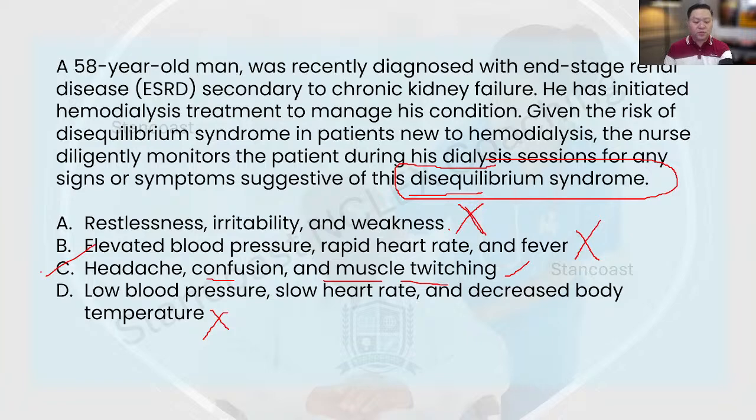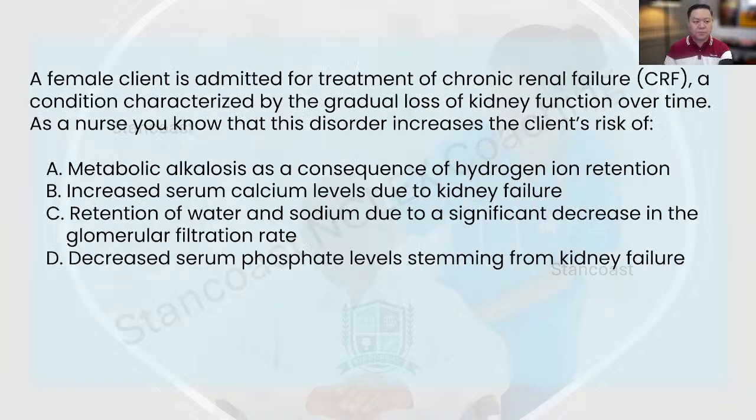Now let's move on into the next question here. We have the situation: a female client is admitted for treatment of chronic renal failure, which is a condition characterized by the gradual loss of kidney function over time.